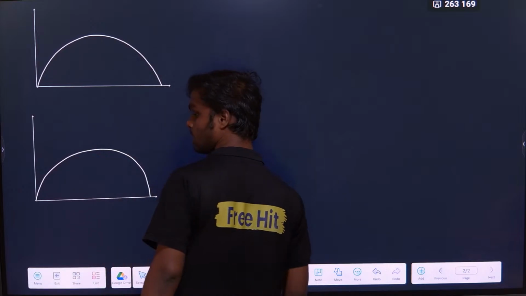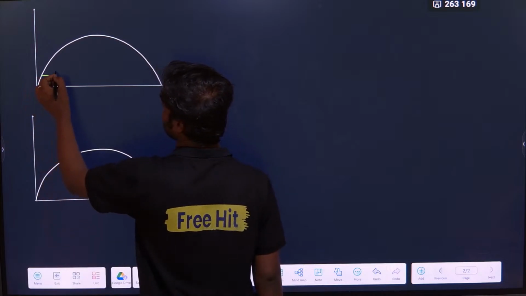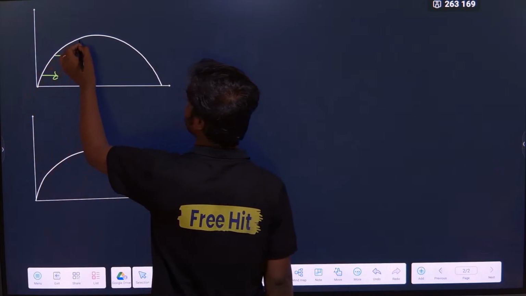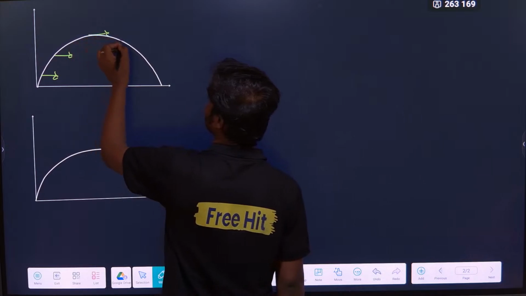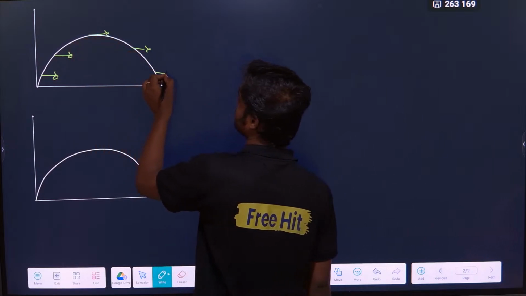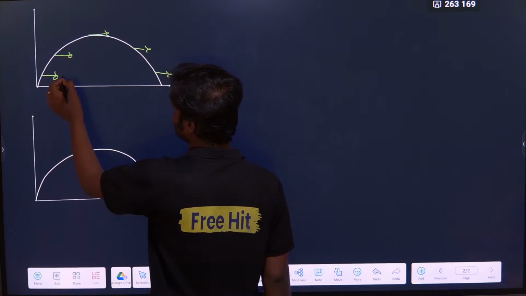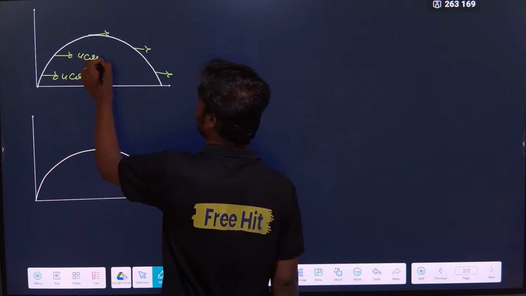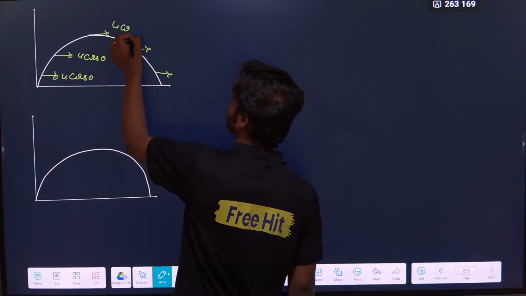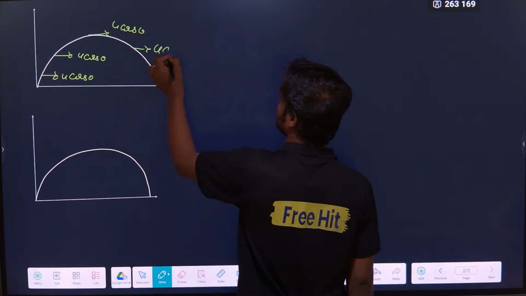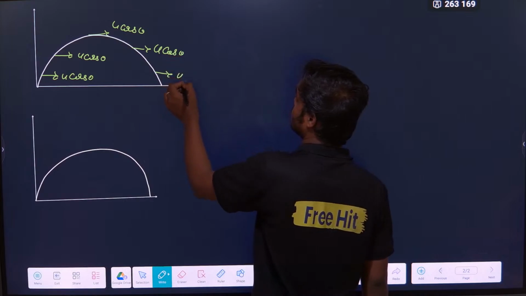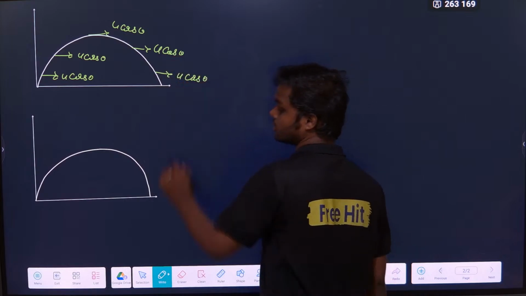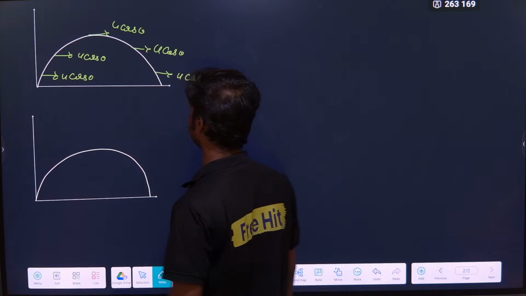If you analyze properly, we have seen that my horizontal velocity remains the same, it is not changing. It is u cos theta here also, u cos theta here. At every point it is u cos theta only. My horizontal velocity is not changing, correct?